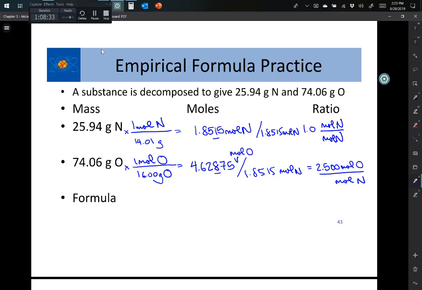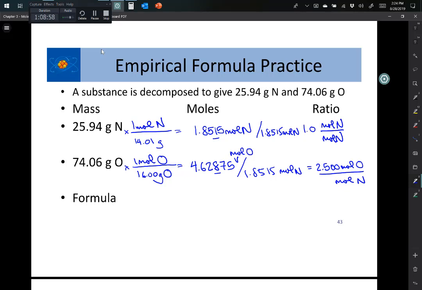I know that there's 1.85 moles of nitrogen in the compound. At least these parts, right? And then I know there's 4.628 moles of oxygen. But I need to know the mole ratio of nitrogen to oxygen, or oxygen to nitrogen, and all that in good form. When I look at this, I notice that this is the smaller of the two, so I divided both by this.